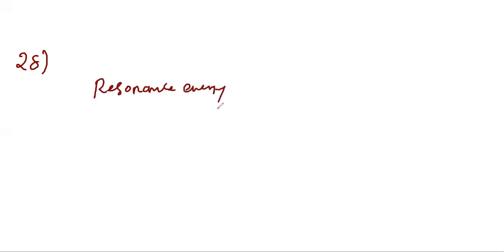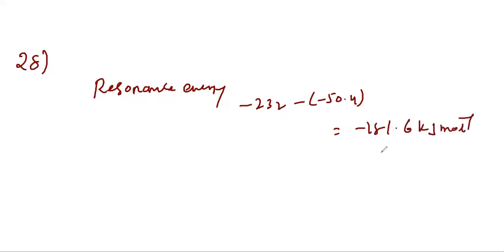For that equation you are going to get minus 232 minus of minus 50.4, which is minus 181.6 kilojoules per mole. We just have to subtract the heat of formation. Understood?